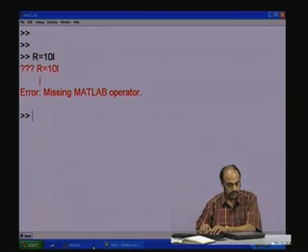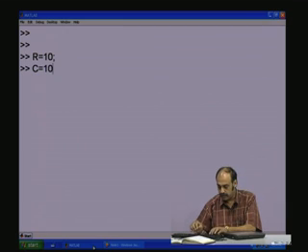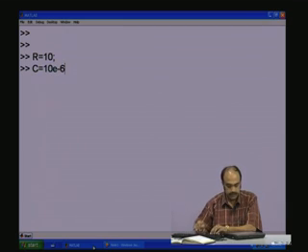Like for example, let us say R equals 10 ohms, C equals let us say 10 microfarads. Therefore, I am writing it as 10 E minus 6.